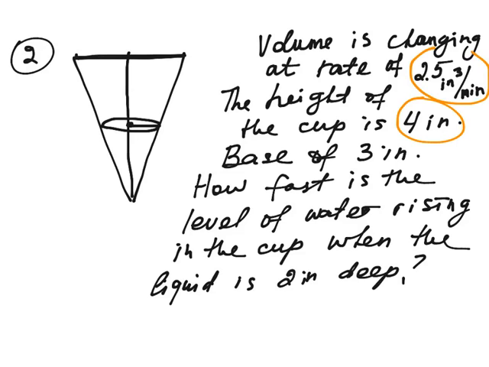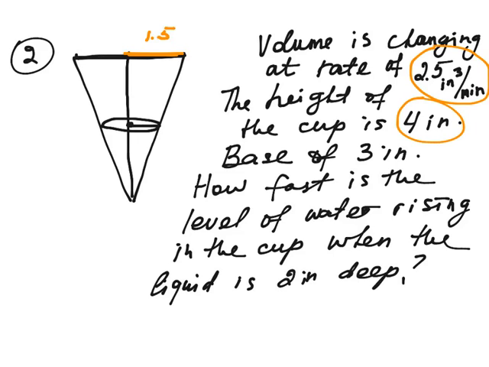So you're getting more and more water in that cup. The base of this cup is 3 inches, so that means the radius is 1.5. And then they ask you how fast is the level of water rising in the cup when the liquid is 2 inches deep.